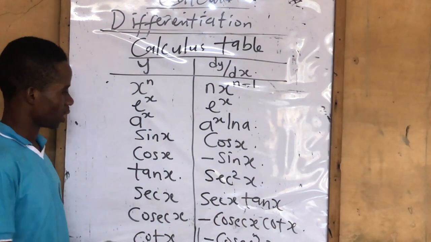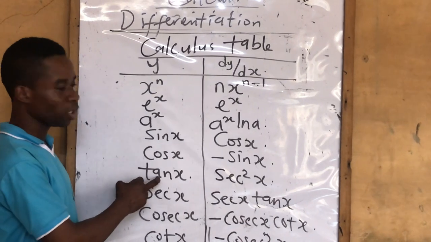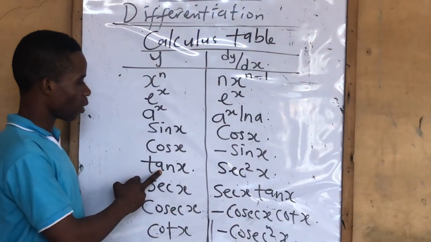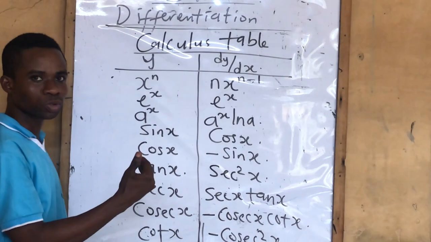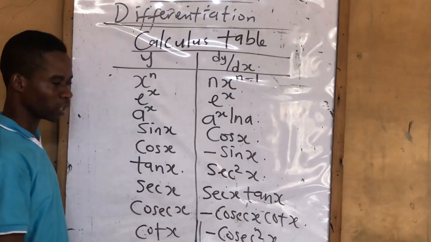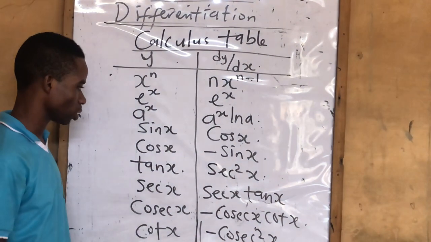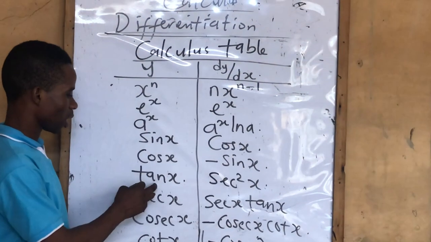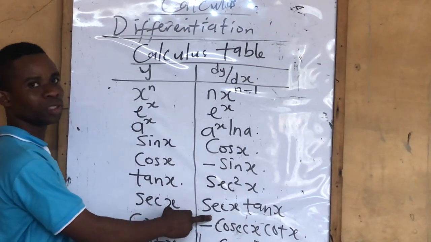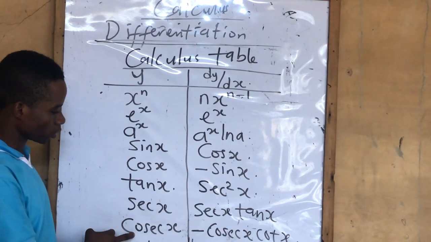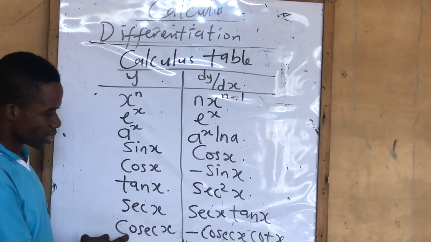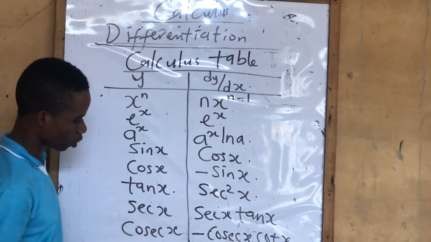We need to learn. Now, the tan x, that one is sec square x. I've done that one in one of my shorts, but I may actually do it again, no problem. And the differentiation of sec x is sec x tan x. The differentiation of cosec x is minus cosec x cot x.